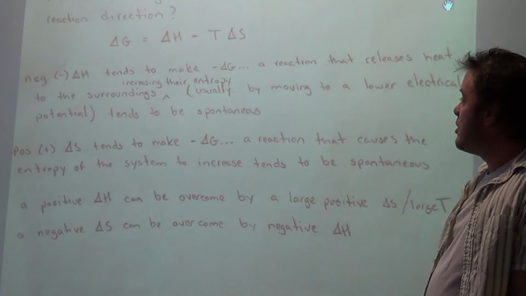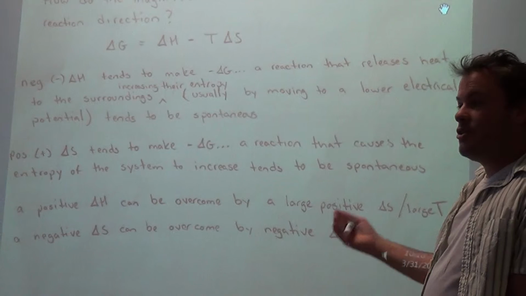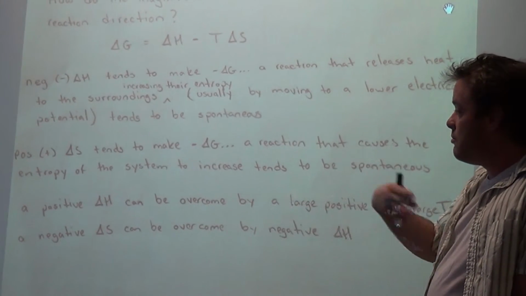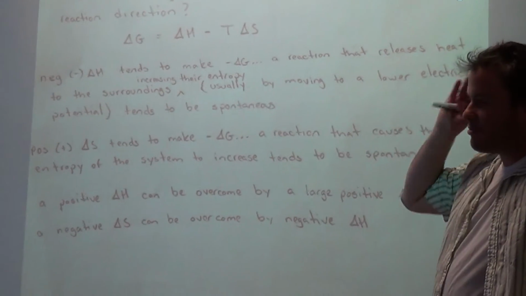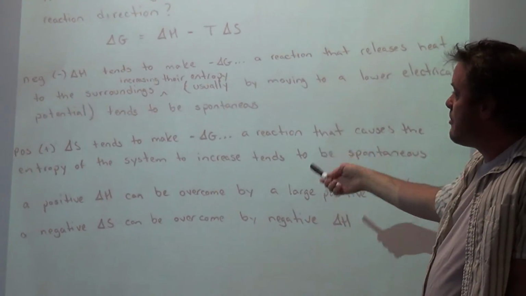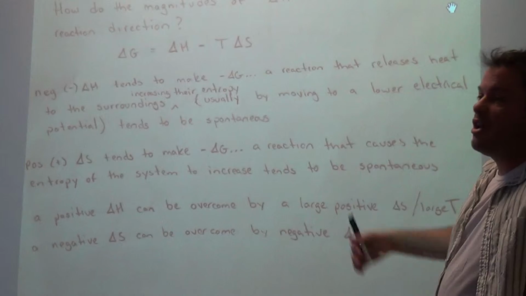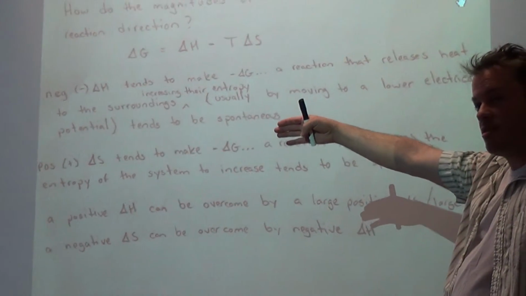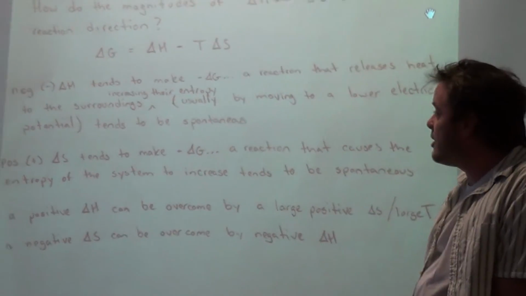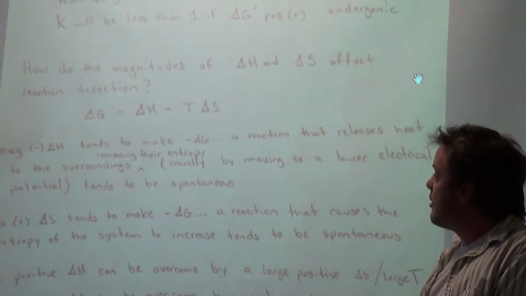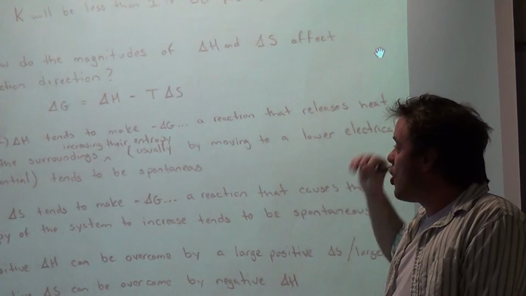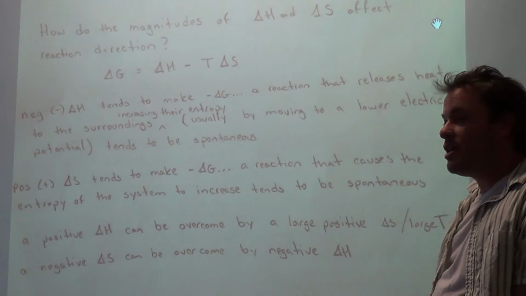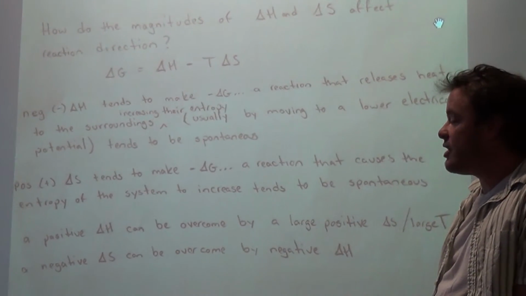If the magnitude of T delta S is large enough, we can overcome that effect from the delta H that moves us away from spontaneity and drive the reaction towards spontaneity. So a reaction that has a positive delta H but a very large T delta S can be spontaneous.